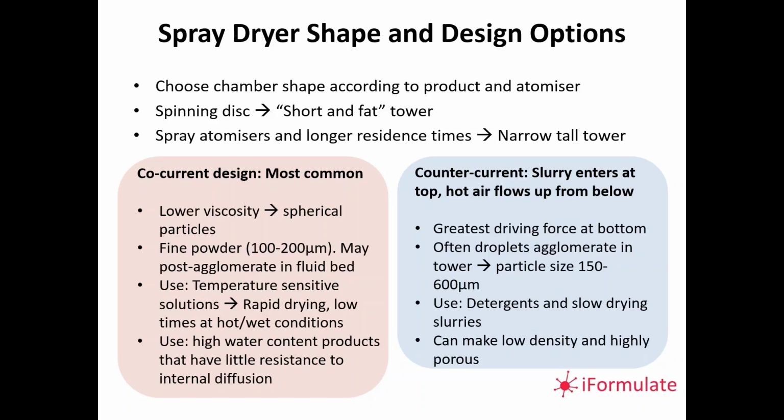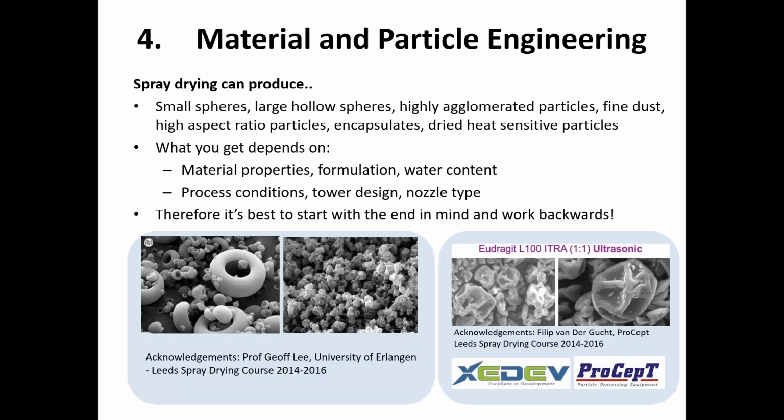This chart shows the general uses and impact of each type, though I have to emphasize that this is a very general slide. Then, depending on the formulation, the droplet size, the air temperature, and the moisture content, you can move from solid spheres to highly porous particles, donuts to deflated footballs, and a host of other shapes and sizes depending on your needs and also the formulation.